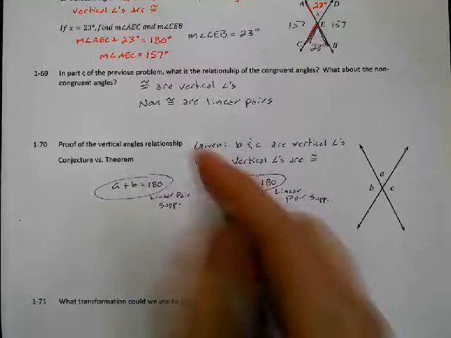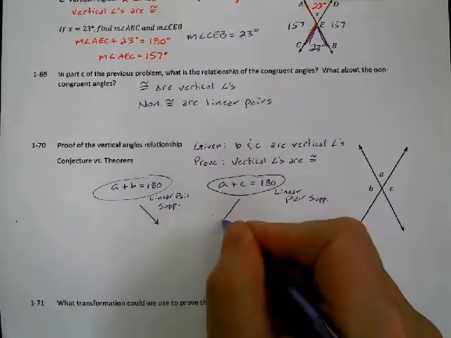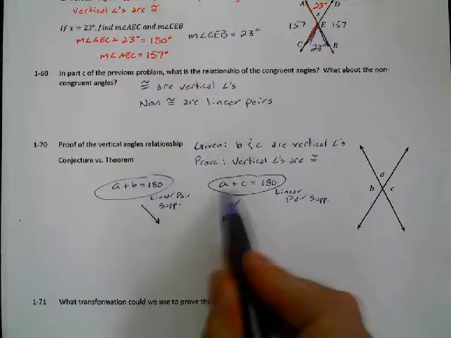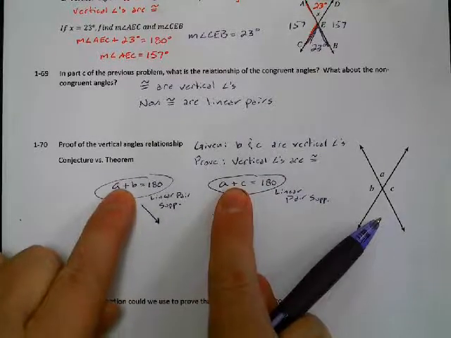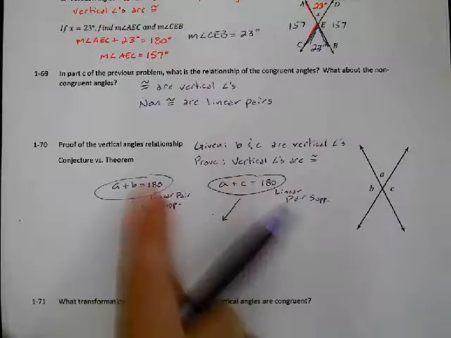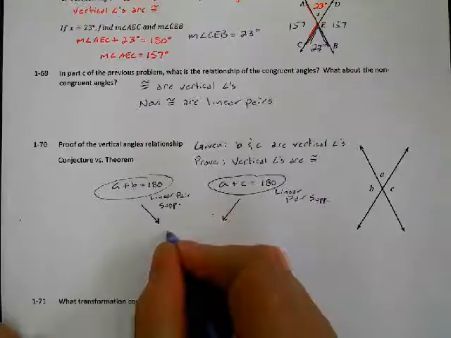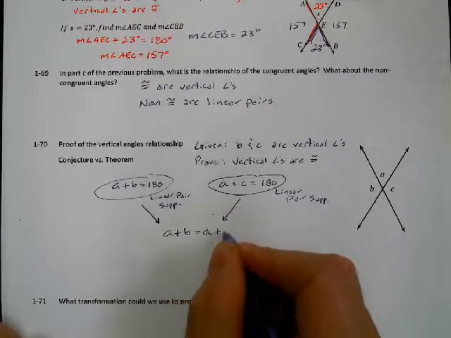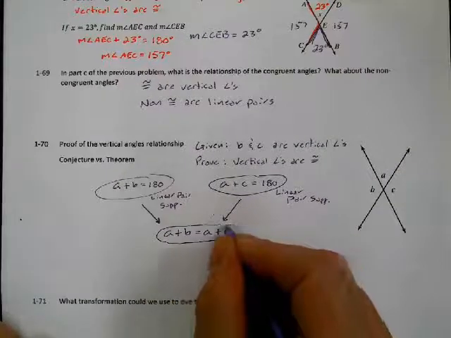Now the next thing that I can say is since this is equal to 180 and this is equal to 180, these two parts must be equal to each other. A plus B must be the same as A plus C because they're both equal to 180. So my next step is I'm going to say that A plus B equals A plus C. Now you might call that substitution.